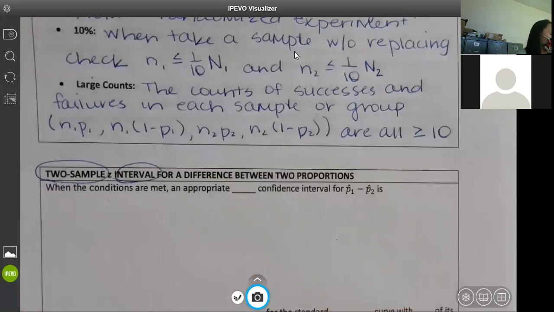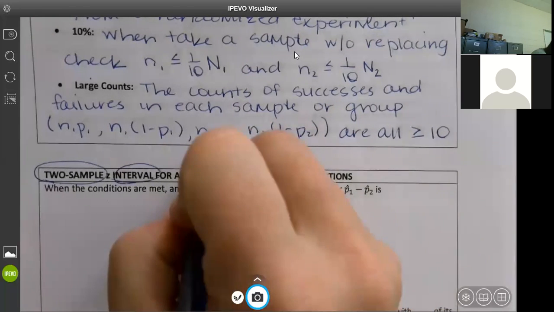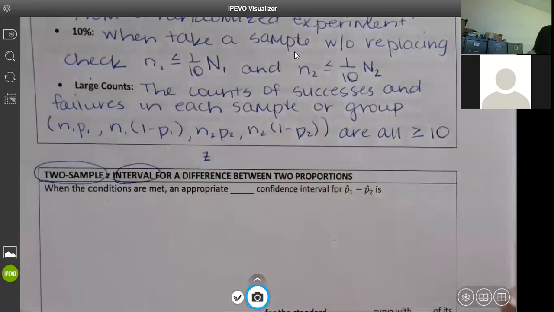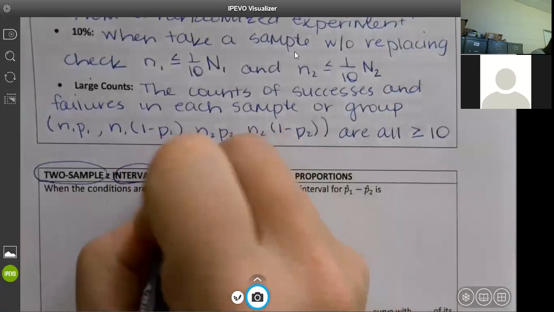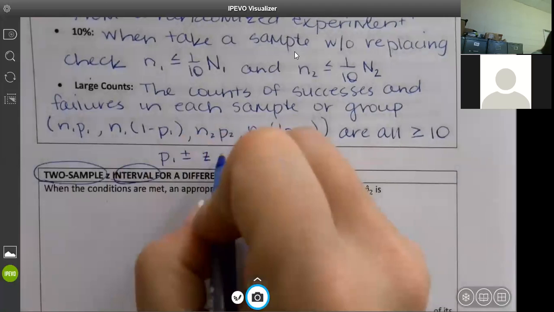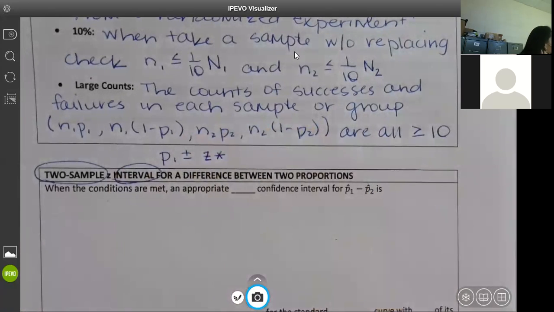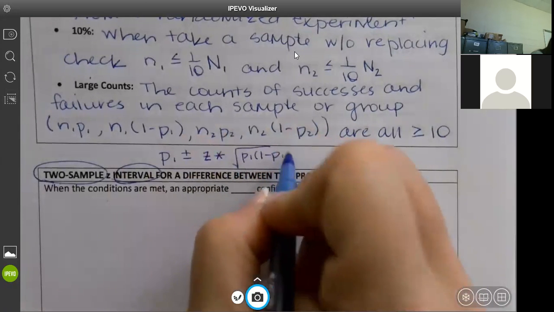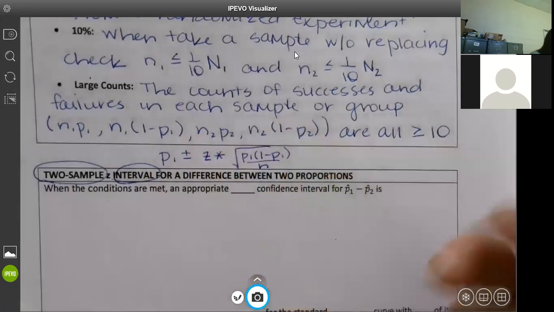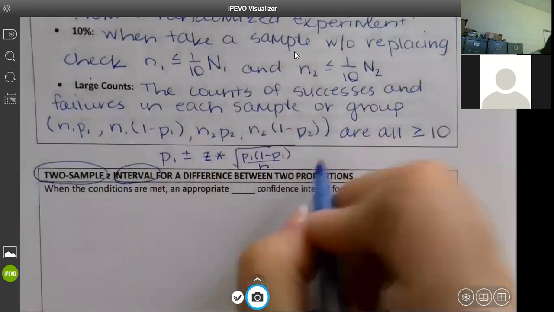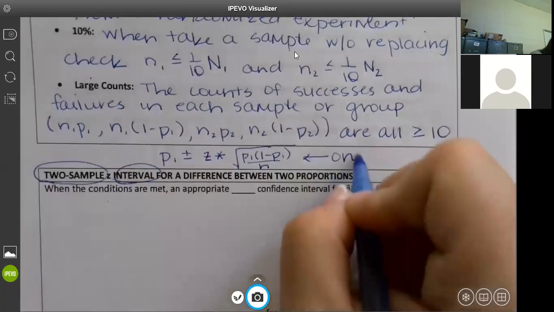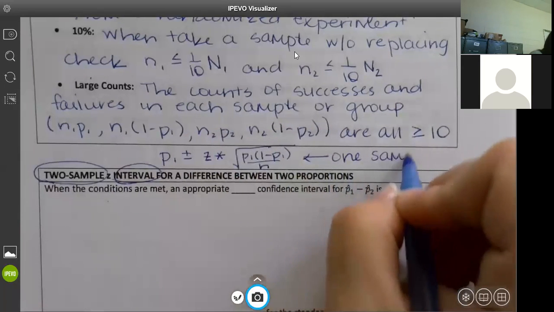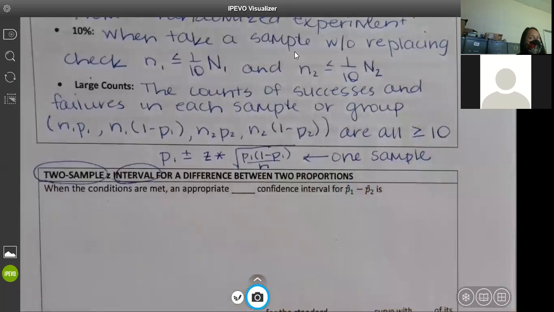So just to remind you, a 1 sample for proportions was P1 plus or minus Z star times the square root of P1 (1 minus P1) over N, or P sub 0 over N, or whatever. So this was a 1 sample Z interval. Now we're doing a 2 sample.